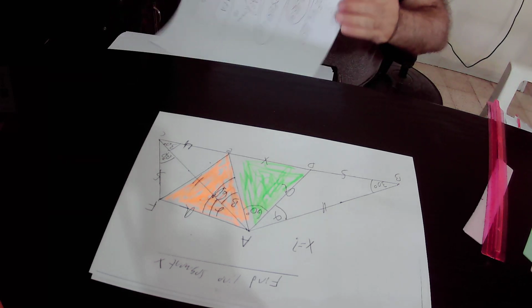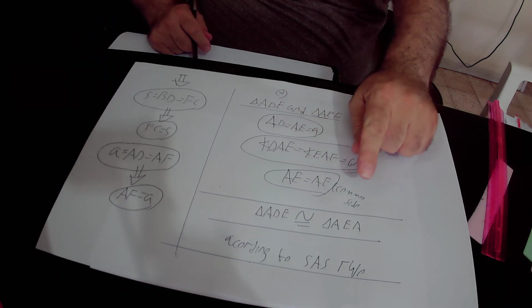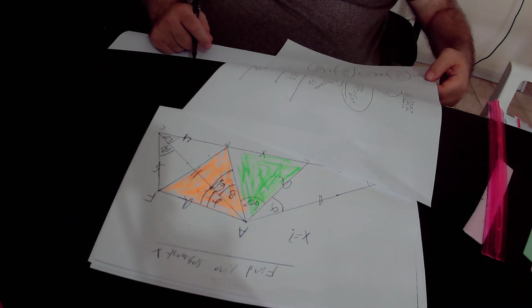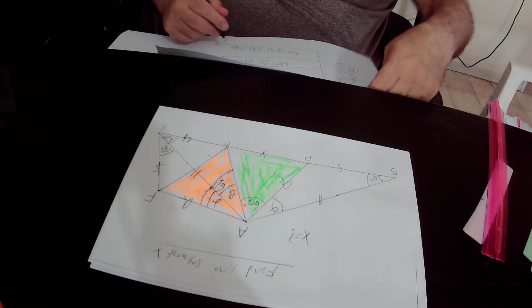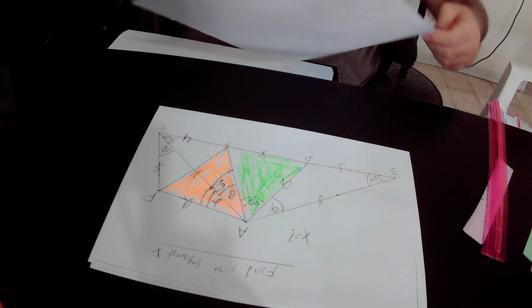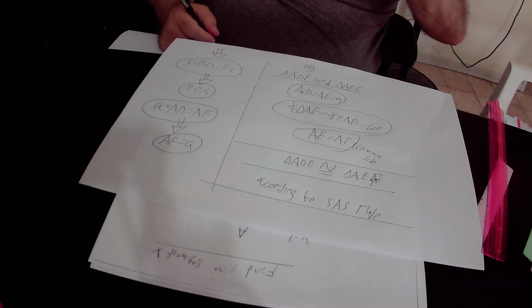Triangle ADE, the green triangle, is congruent to the orange triangle AEF, according to the side angle side rule.